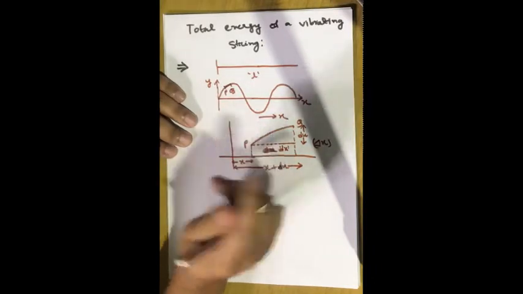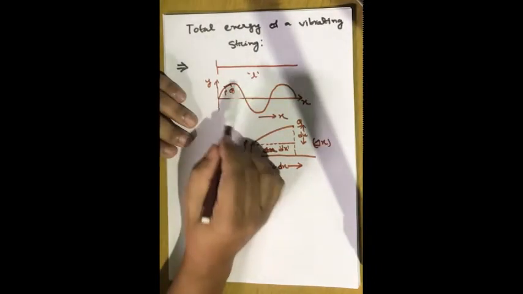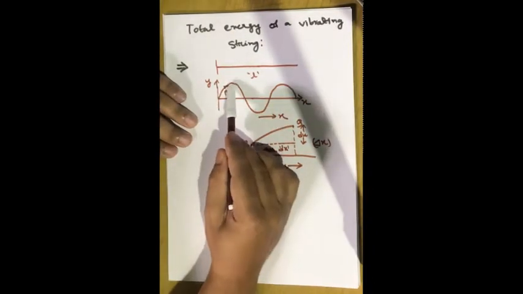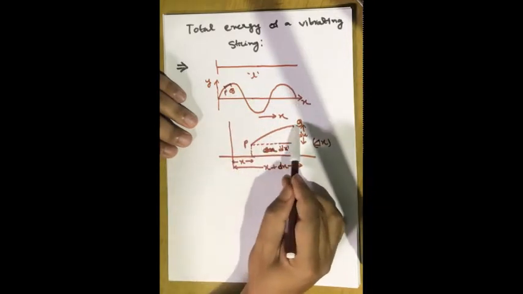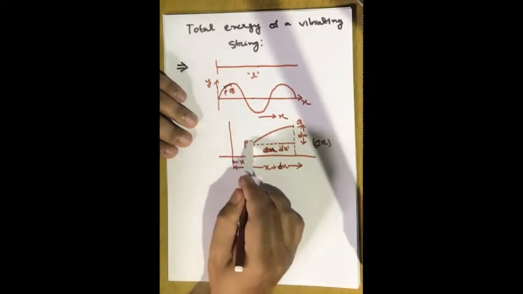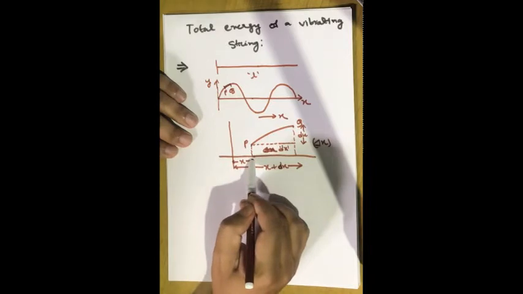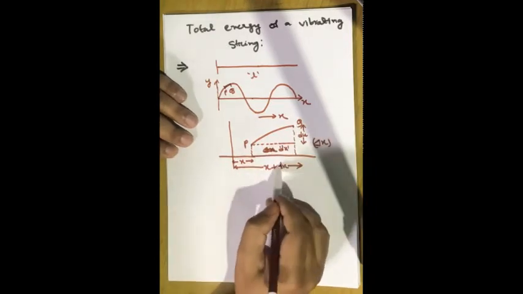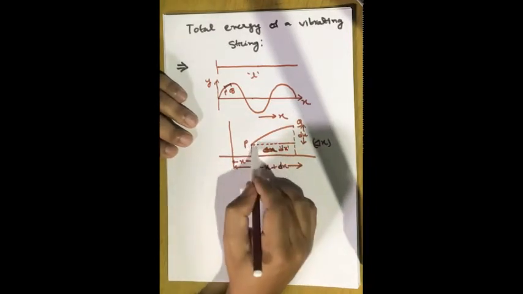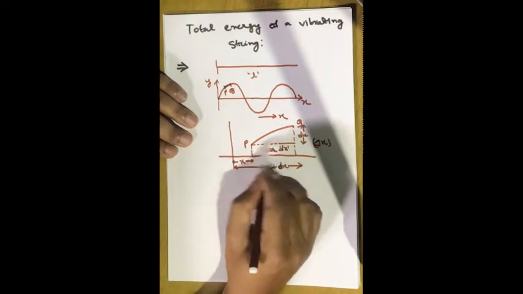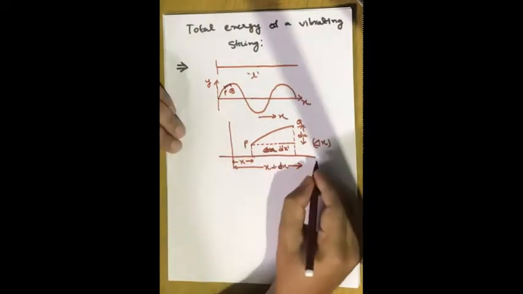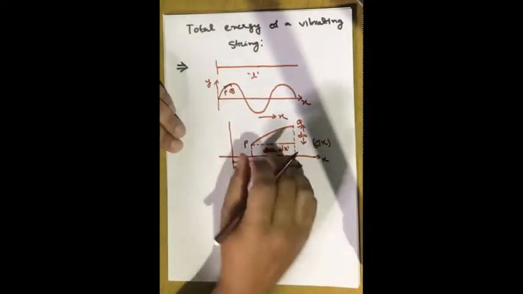Now let's have an extended view of the portion PQ of the string as shown here. The coordinate of the point P is x and the coordinate of the point Q is x plus dx. Therefore, the length of this element along the x direction can be given as dx.